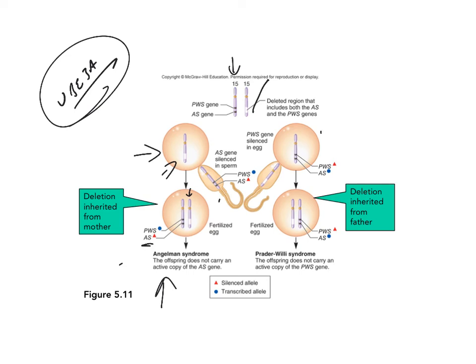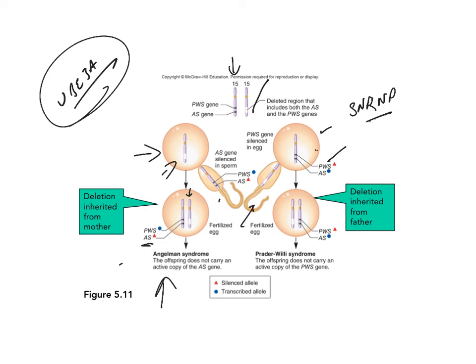Now over here, let's pretend the egg contains the non-deleted chromosome. However, the maternal pattern is to add methyl groups onto this PWS gene, which is the SNRPN gene. Therefore, SNRPN is silenced in the egg.